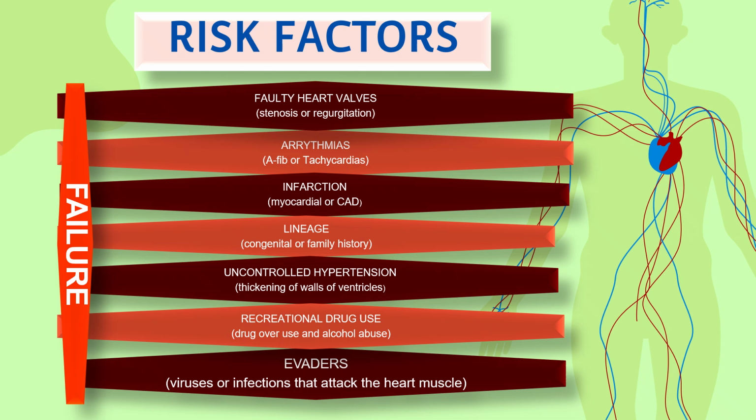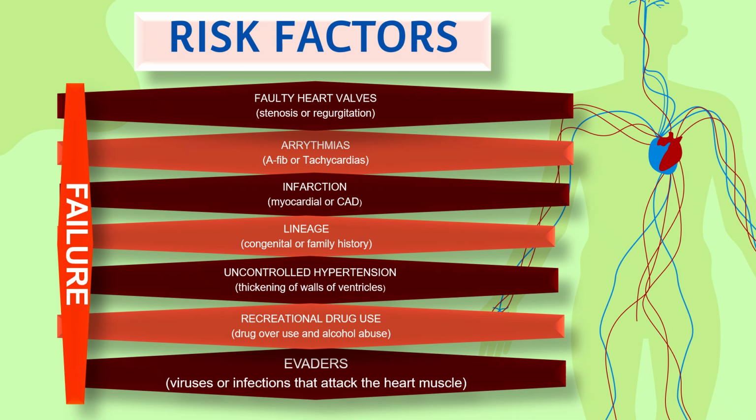Infarction: whenever you have infarction, there is reduced blood flow to the heart, and this brings about narrowing of your arteries. Because of the narrowing of your arteries and the reduced blood flow, your heart muscle, your ventricles, are working harder to pump enough blood. Lineage: it is already there in your family history.